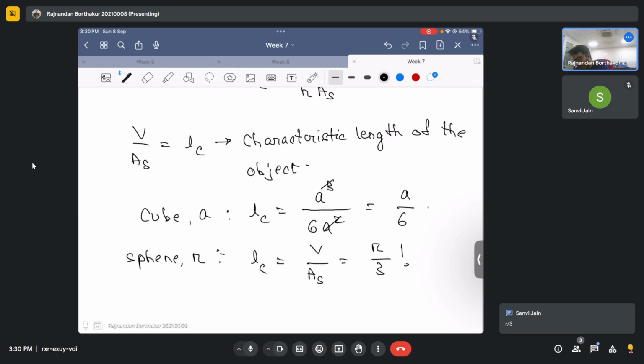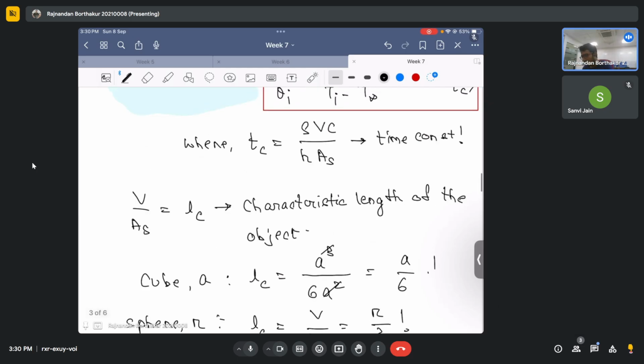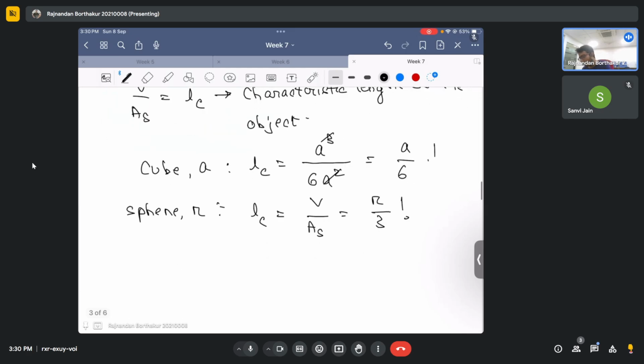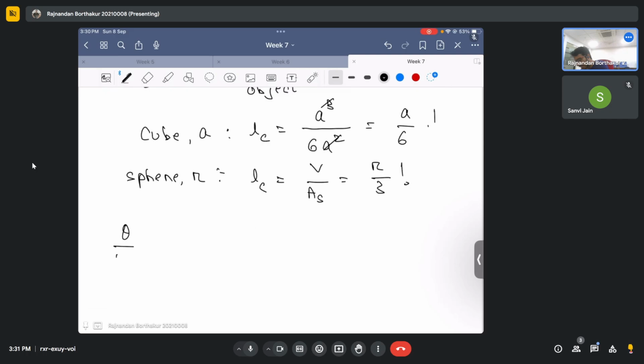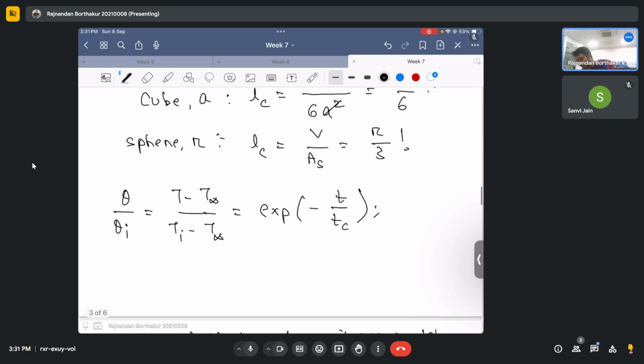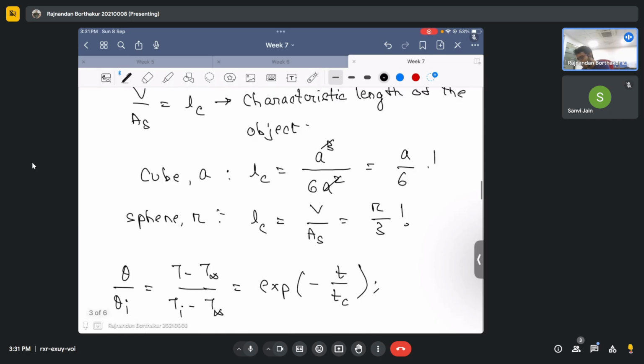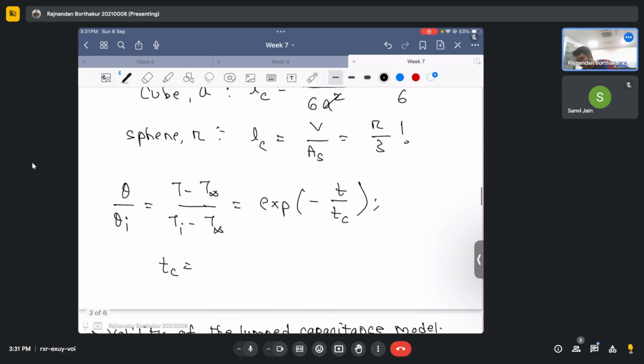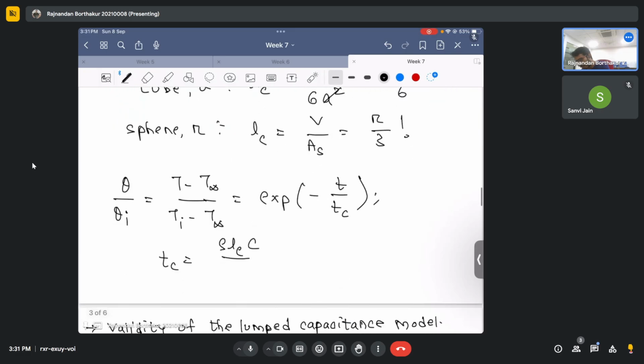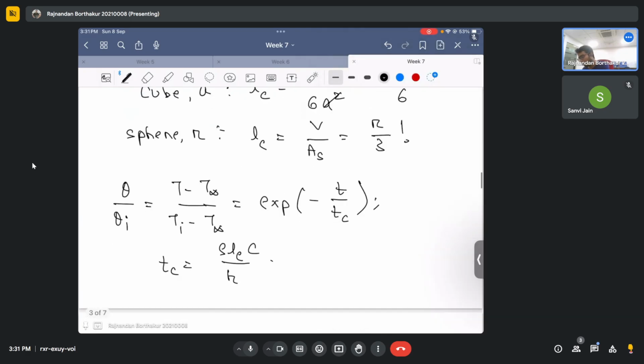That's simple, right? Nevertheless, I write the expression once again, that you will basically use: theta by theta I, which is nothing but T minus T infinity by Ti minus T infinity, is equal to exponent of minus t by tc, where this tc is the time constant, and it can now be written in terms of the characteristic length as rho LC C divided by H. This is all about the lump capacitance model that you first need to know.